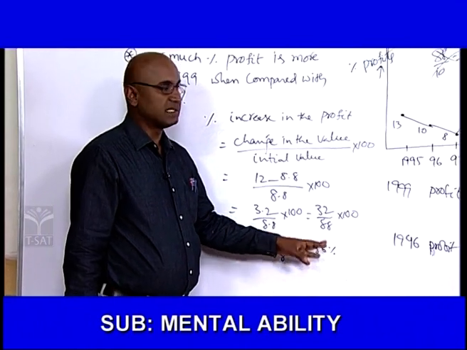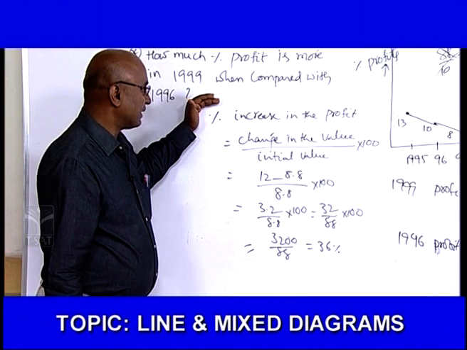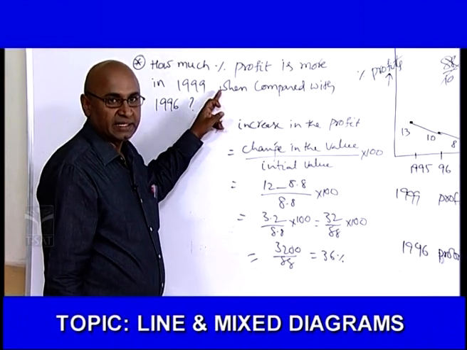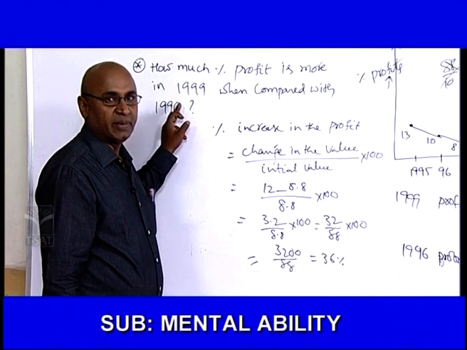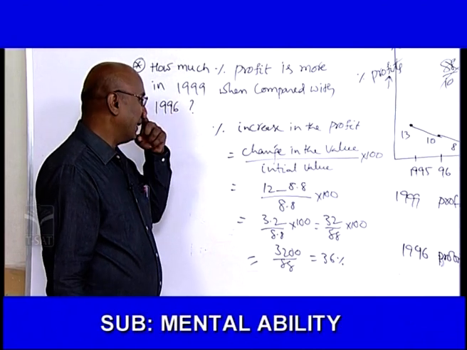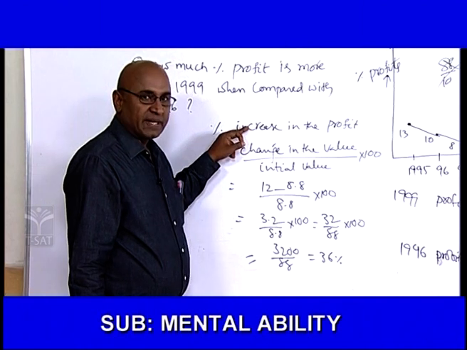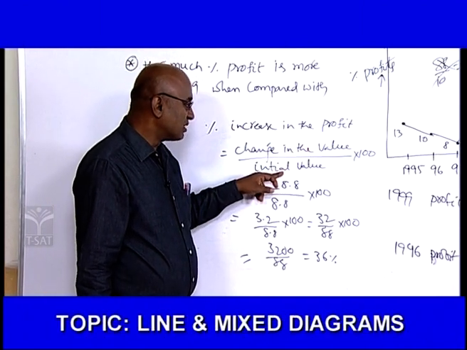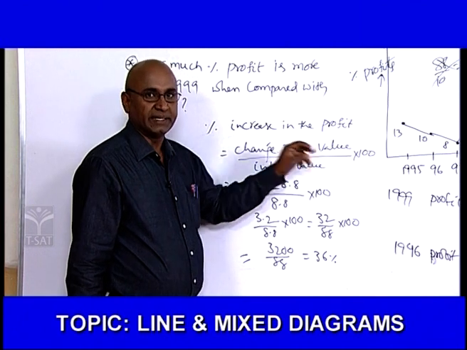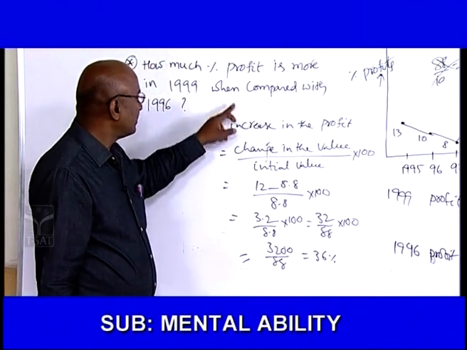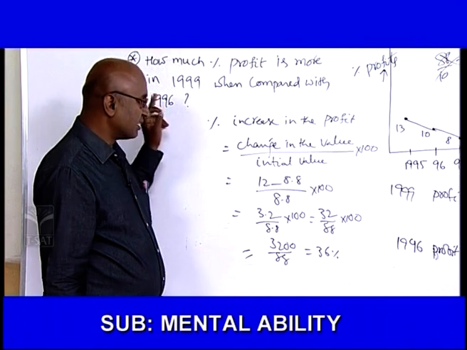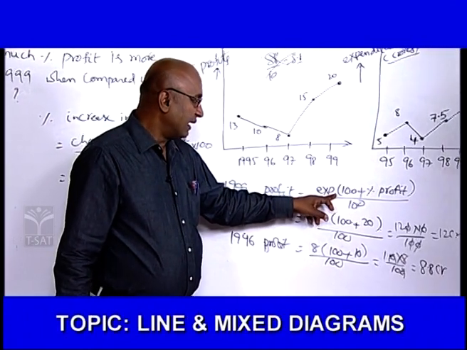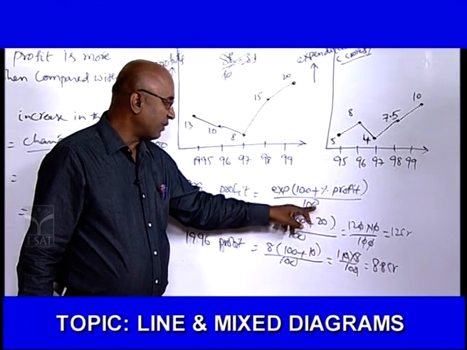One more time we will see this problem. What is the percent increase in the profit in the year 1999 when compared with 1996? Percent increase or percent change is equal to change in the profit by original profit or initial profit into 100. Profit is equal to expenditure into (100 plus percent profit) by 100.